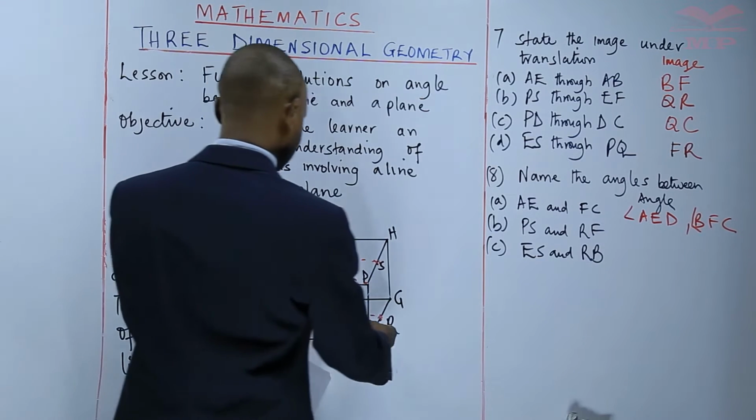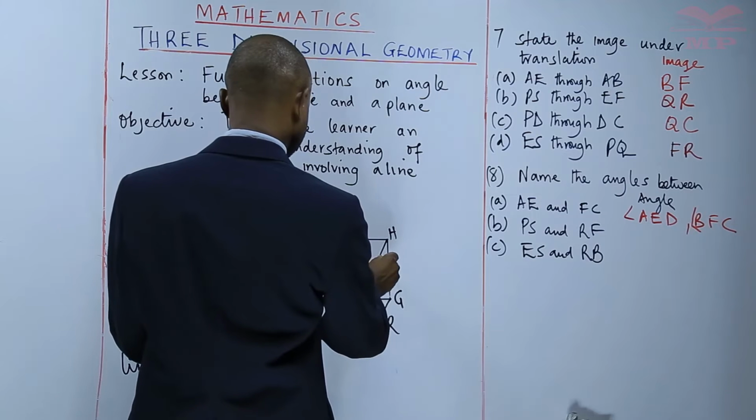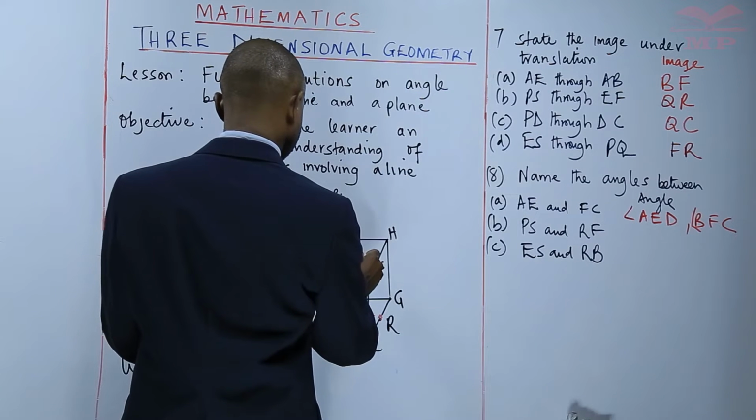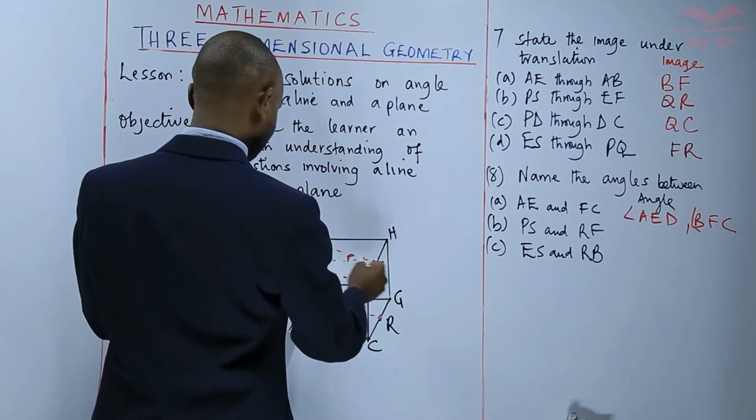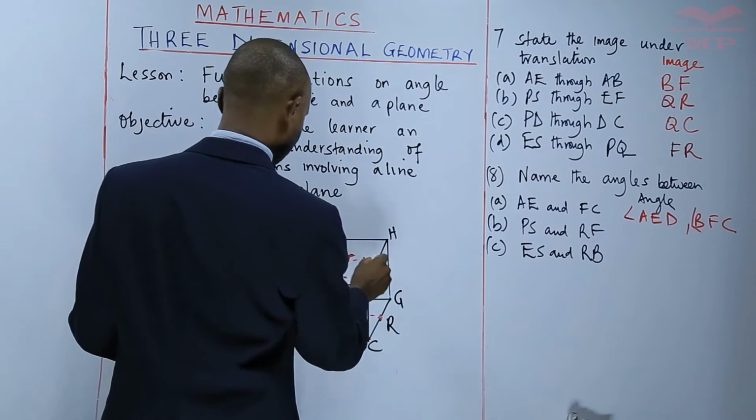I'll move RF up to that plane, where PS is, and I'll end up with the angle PSE.